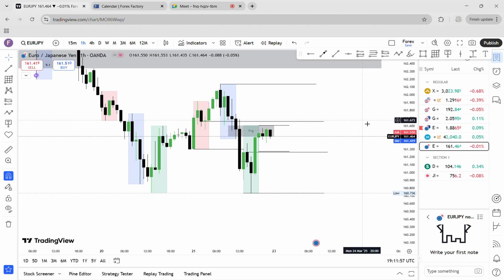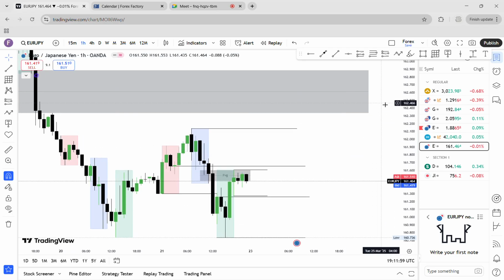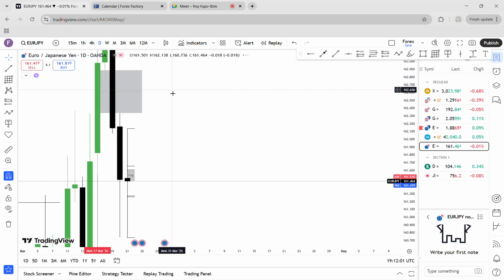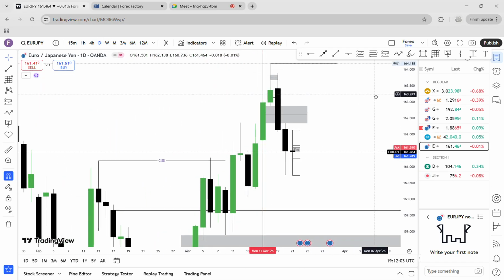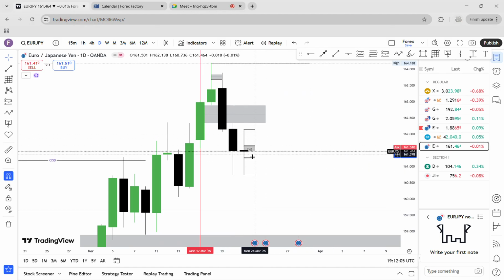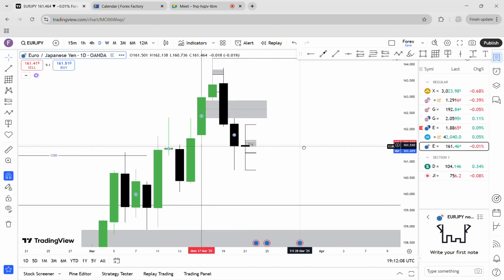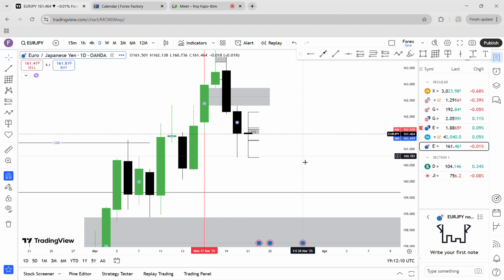You understand? So you marking out this daily fair value gap, you are right. But I'm telling you, once price creates a structure like this, only two choices: expansion, or we seek the liquidity like power of 3, then continue to the other side.